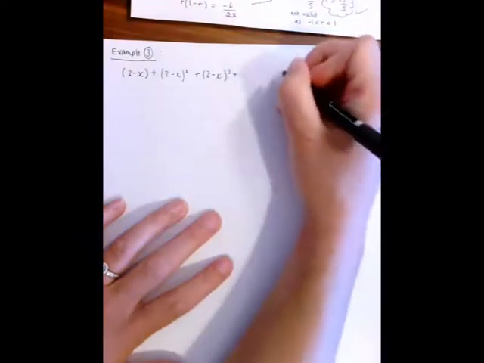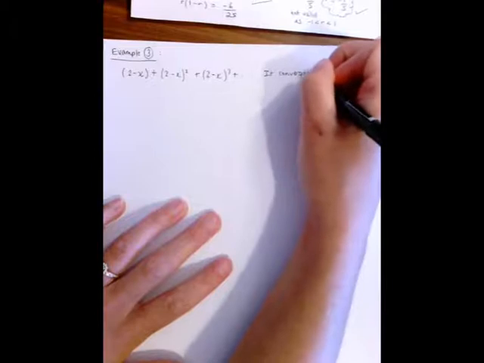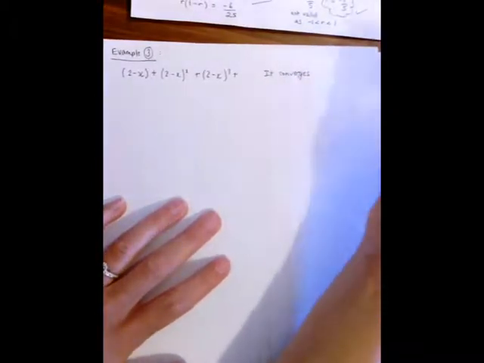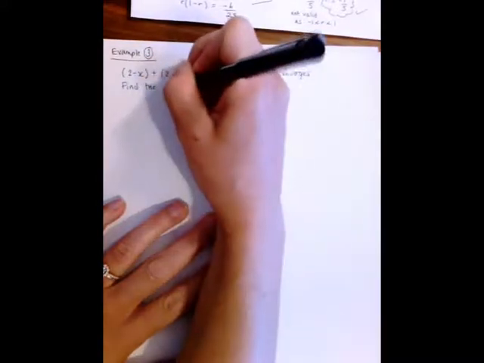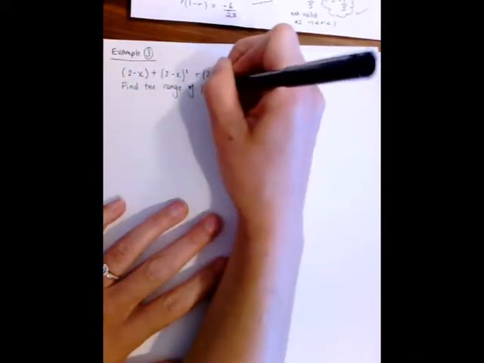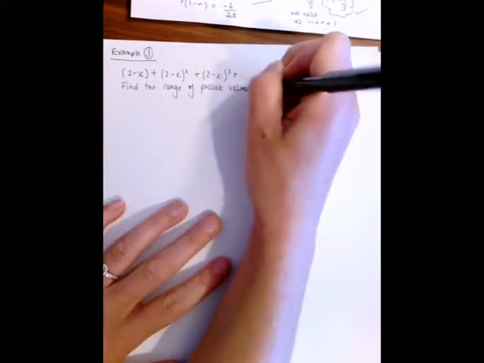And it says it converges. Find the range of possible values of x.